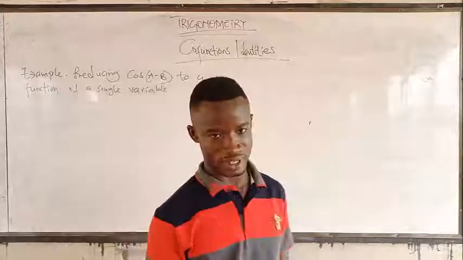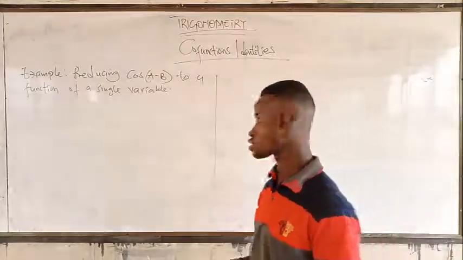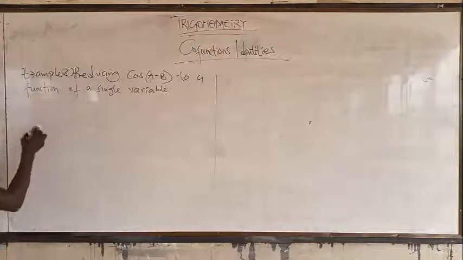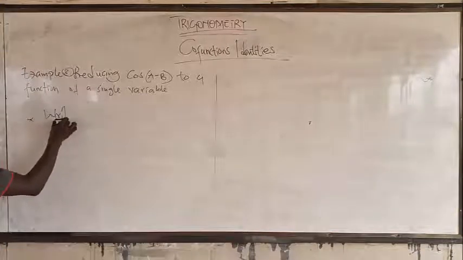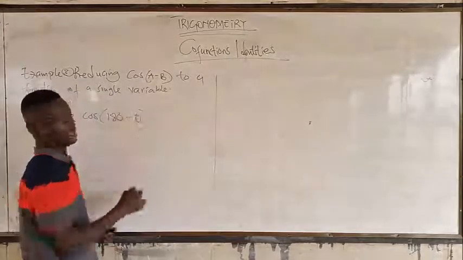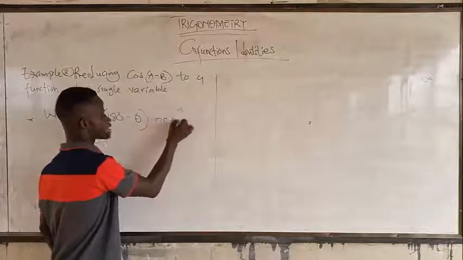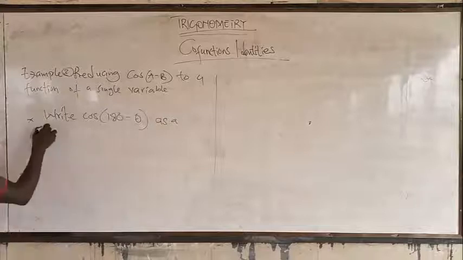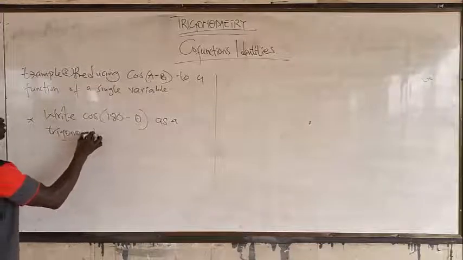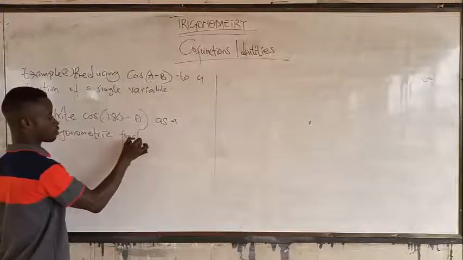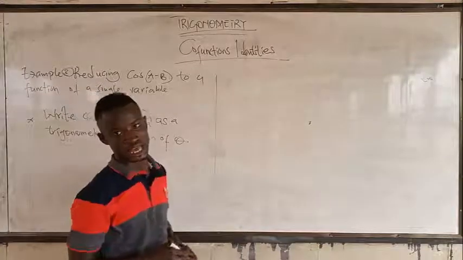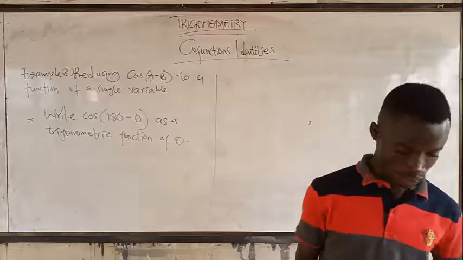Alright, so let's look at that question. Write cos 180 minus theta as a trigonometric function of theta.